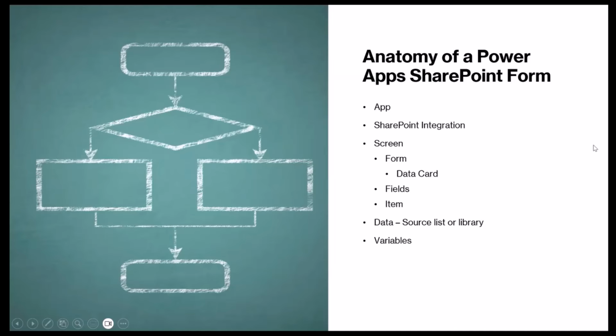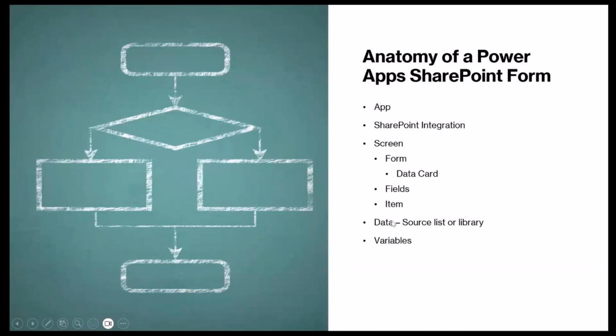The main components that we're going to be working with, that we'll see within Power Apps Studio when it finishes loading, are an app component and a SharePoint integration component. You'll have a screen, and the screen component will include a form component. Within the form, you're generally dealing with lots of data cards that represent each of the individual fields within the form.